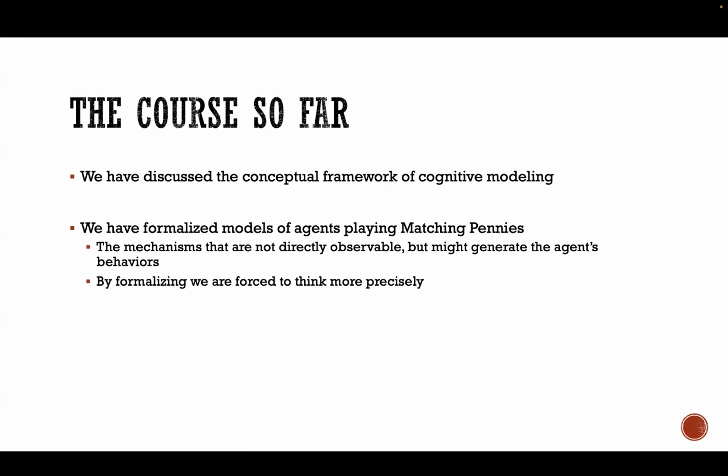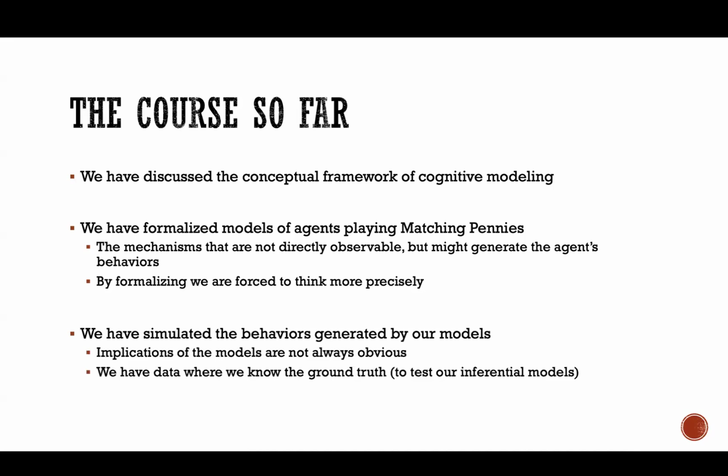That is, we try to formulate the mechanisms that might generate the behavior observable throughout the task, where the mechanisms are not directly observable, but they can be reconstructed through introspection and literature from cognitive science. By formalizing the mechanisms that generate the data, we have been forced to think more precisely about what we mean with different pieces of our models. If we say that memory is constrained, how do we implement a memory constraint?